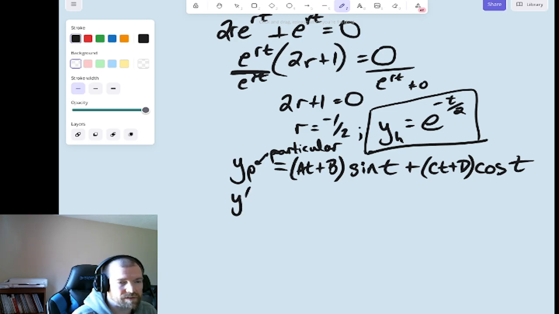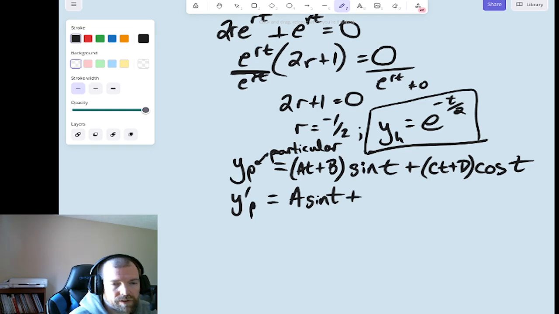Here we're going to say that this is y prime particular, or y particular prime, if you want to put that p closer in there. We take the derivative of the first part, we just get a times the second part, which is sine of t, plus, if we leave the first term alone, it's at plus b times the cosine of t.